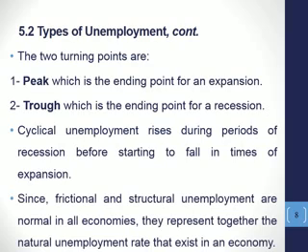But since frictional and structural unemployment are normal in all economies, they represent together what we call the natural unemployment rate in any economy. So we can conclude that in any economy there must be an unemployment rate.